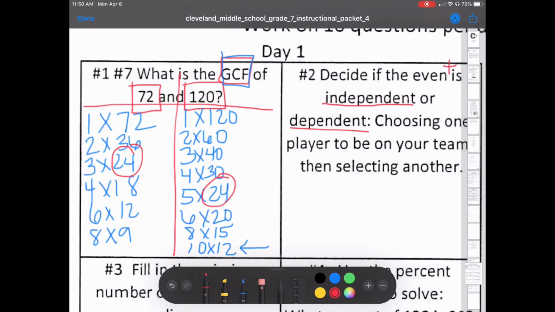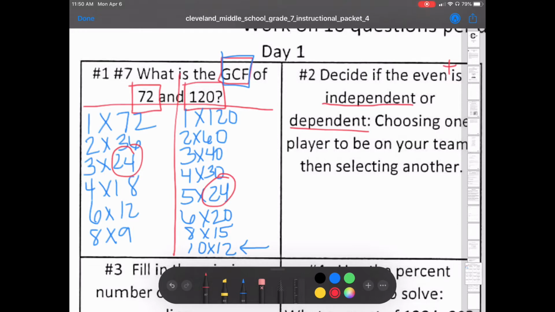If I took out, let's say, a 2, now I can't pick that same 2 again because I've already removed it from the stack. That means that it's dependent because something has changed, and now all of the options aren't available anymore.